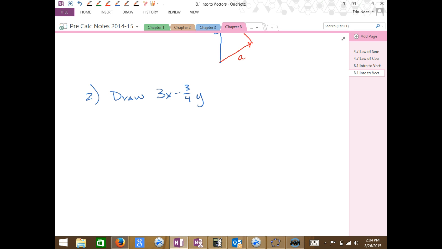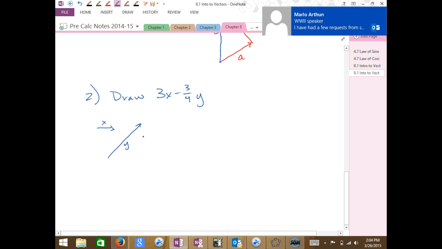Let's say my x vector looks roughly like that, and my y vector is a nice long, kind of 45-degree-ish vector. This is a given. They'll give you the vectors. I haven't started anything yet, but I'm going to get there.